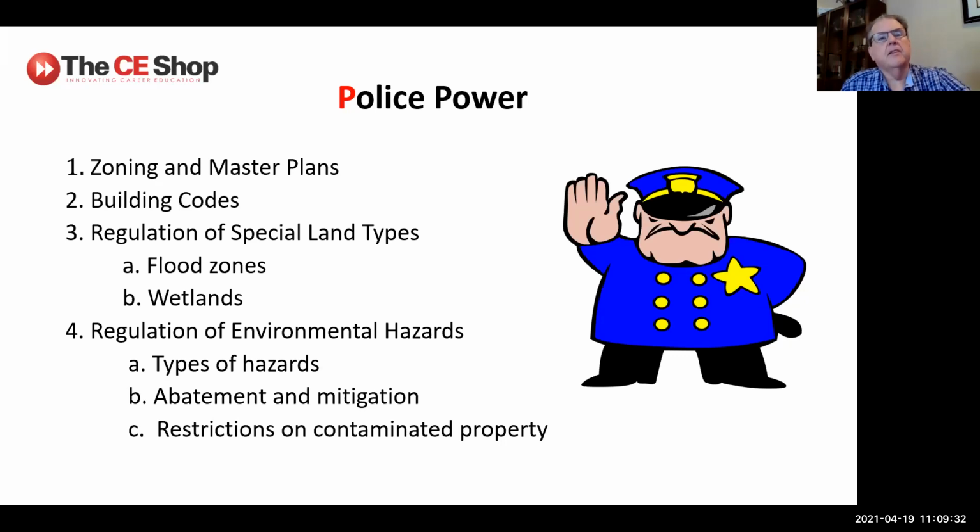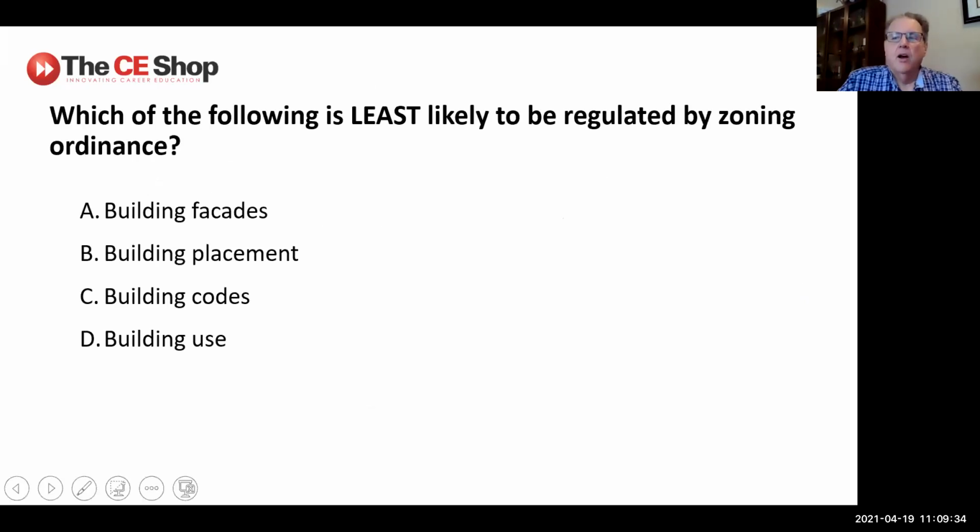So now let's see, here we go. A question: which of the following is least likely to be regulated by zoning ordinance? And I hate questions with a format like this, but we felt it important to put one in this slideshow, because on state exams, they often are going to say, which is least likely, which is not, which of the following is not something.